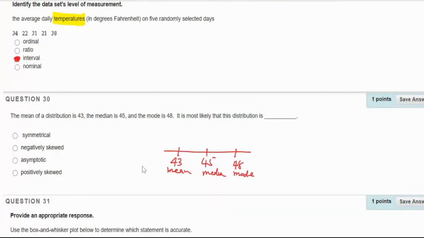We know that the mean always pulls towards the long tail, so you can create an imaginary picture here. It's something like this. So what do you think the skewness is? Negative. Negative, good. Because skewed to the left is the same as negatively skewed.